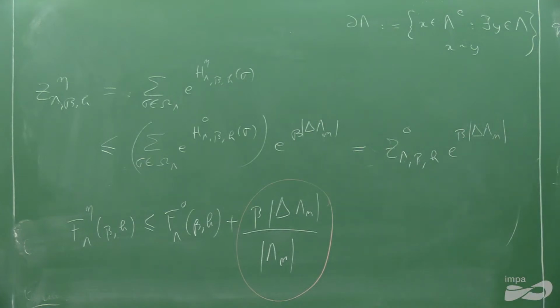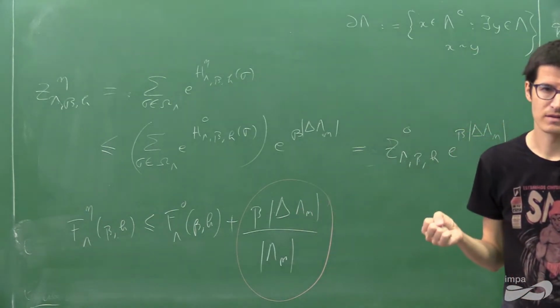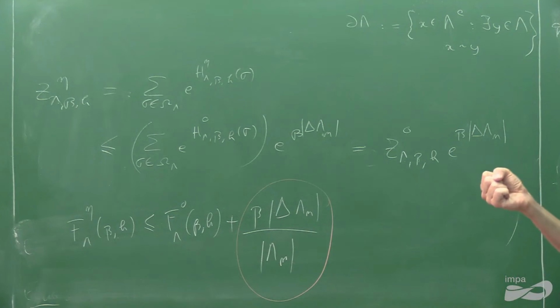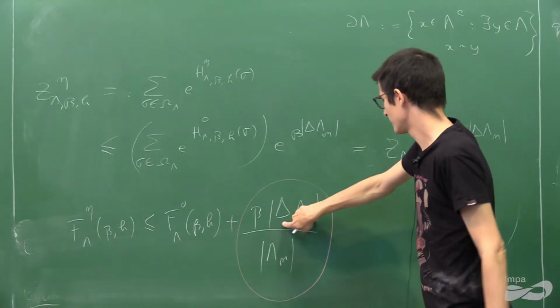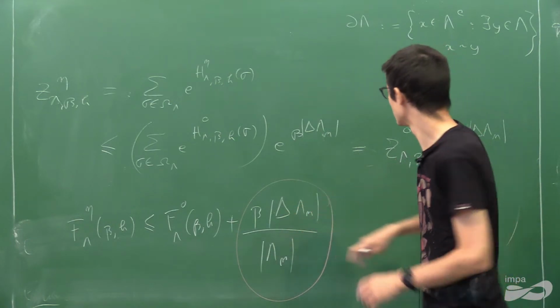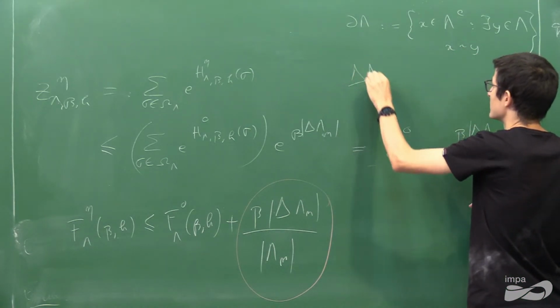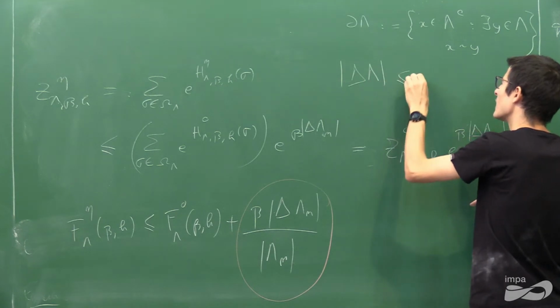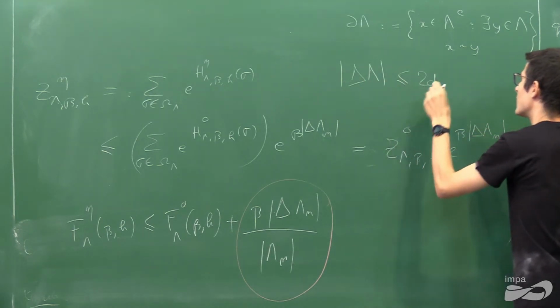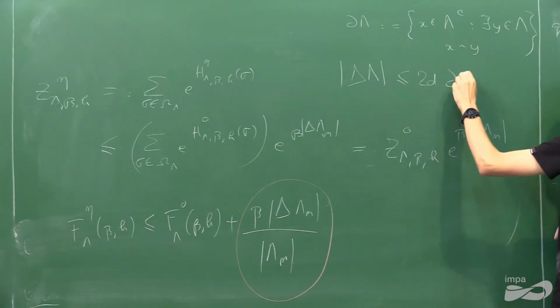Now this thing is exactly something that tends to 0, because Z^d has a bounded degree, uniform degree equal to 2d, so the size of the boundary is comparable to what we have. I think this might be the best we can do, actually.